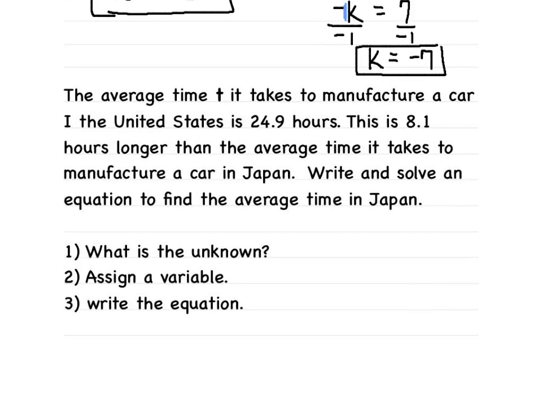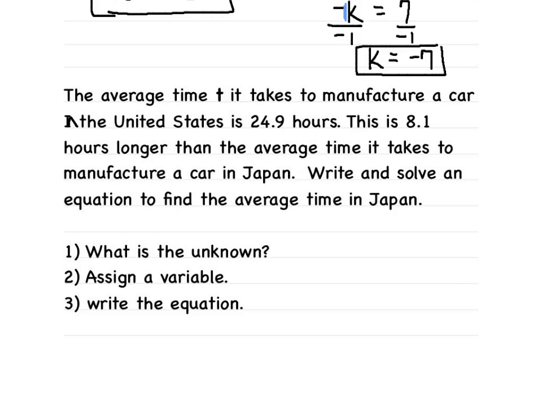Okay, now let's look at this word problem. It says this: the average time, T, that it takes to manufacture a car in the United States is 24.9 hours. This is 8.1 hours longer than the average time it takes to manufacture a car in Japan.